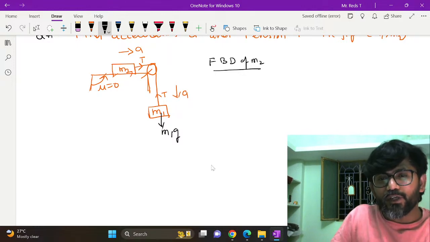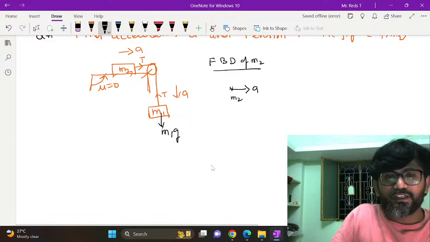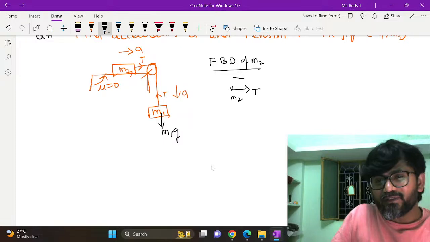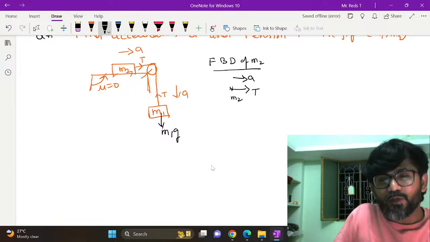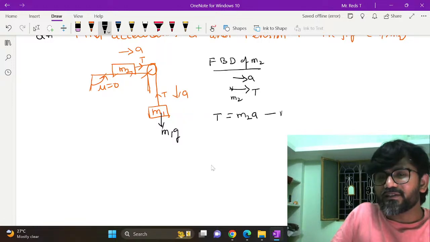So if you draw M2 here, only tension is acting to the right as a tensional force. As a result, it is moving with acceleration A to the right. Now, in the free body diagram, net force is equal to mass times acceleration. The net force is only one single force, that is T, which is equal to mass times acceleration, that is M2 into A. You can take this as equation 1.